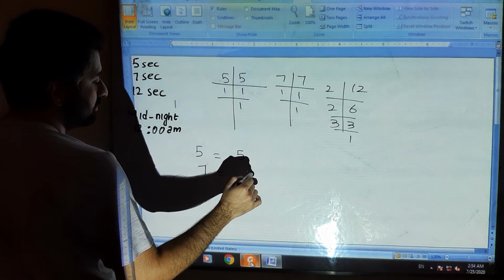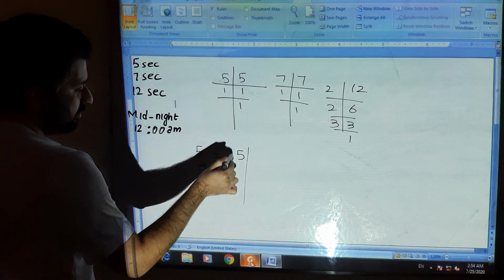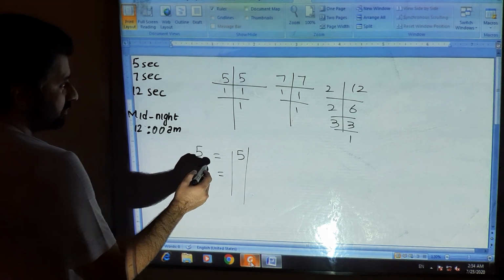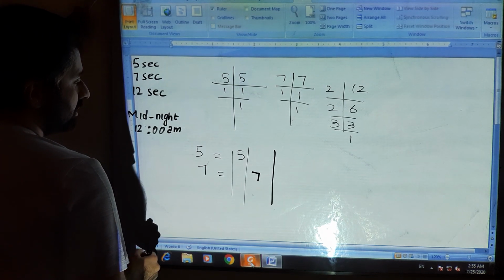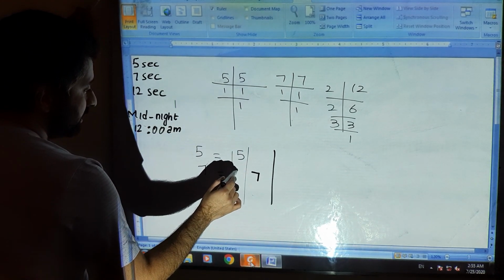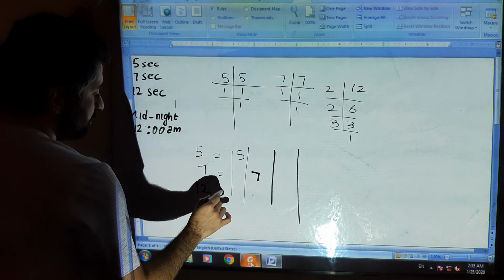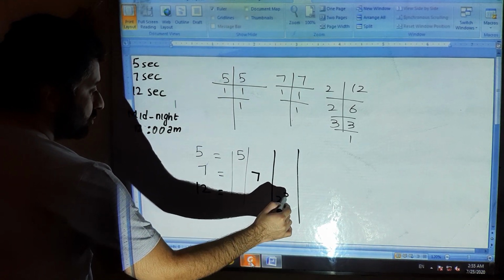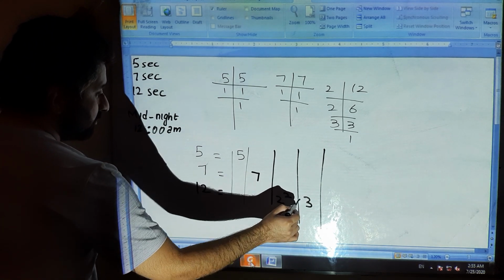In the column of 5 don't write anything in the column of 7's factors. If you don't have 5 in the factors of 7, then leave this space. And the factors of 12 are 2 into 2 into 3, that is 2 square into 3.